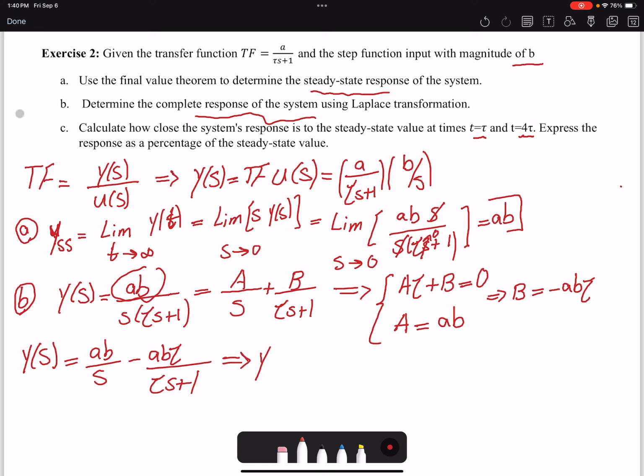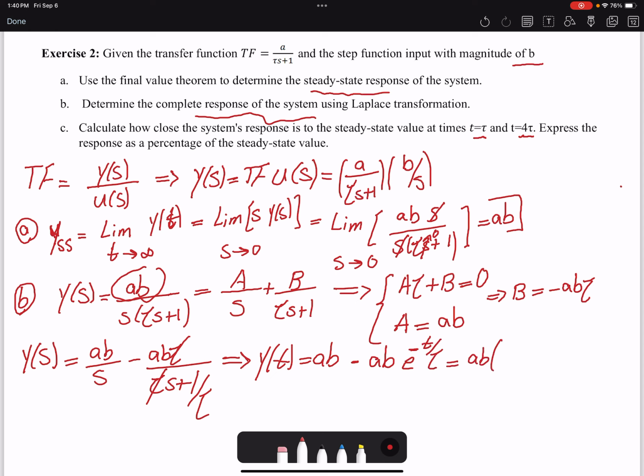Looking at the Laplace table, y(t) for ab over s would be just a constant. And here I can simplify this, get rid of tau, and it would be 1 over tau. So then that would be easier, it would be ab e to the minus t over tau.